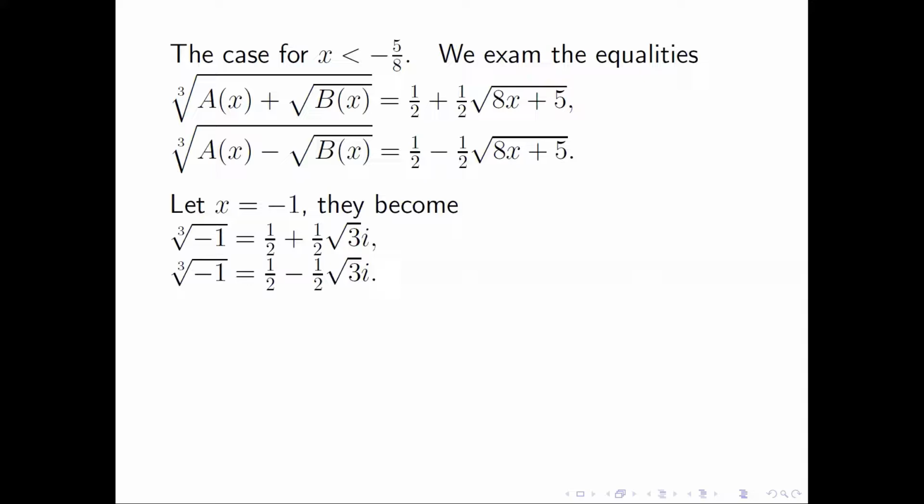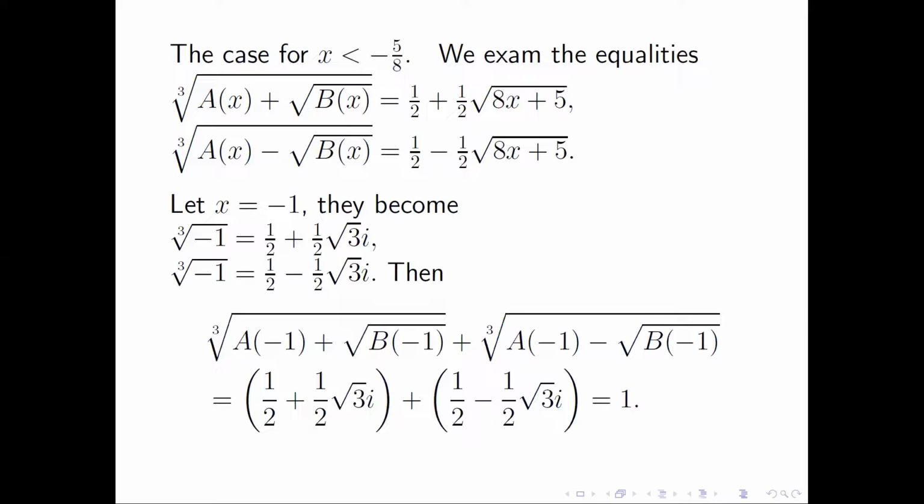If we only consider real numbers, we know cubic root of -1 is simply -1. But if we expand the domain to complex numbers, we know these two complex numbers are indeed cubic roots of -1. In this case, the equality is true for x equals -1.